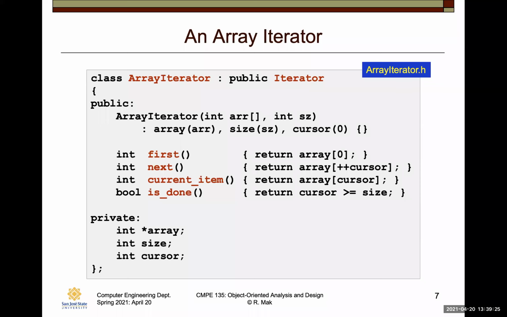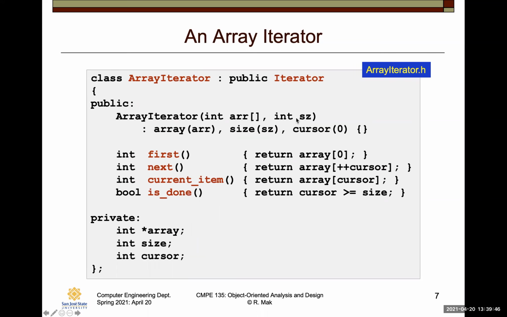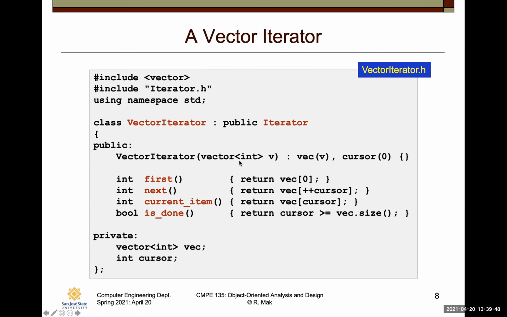Now we can have an iterator for a vector, and it's going to look very similar to the iterator for the array, except that we don't have to pass in the size of the vector, whereas for the array we passed in the size. For the vector, we can get the size by calling the size function on the vector.